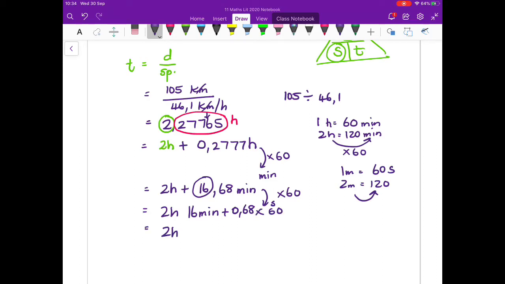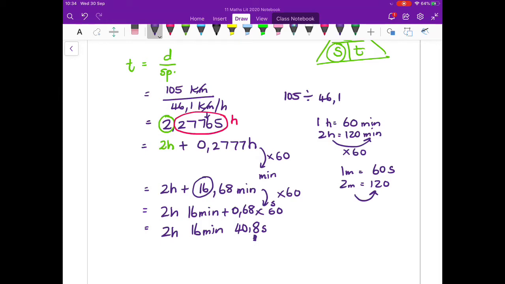And if I do that on my calculator, I am going to get 40.8 seconds.